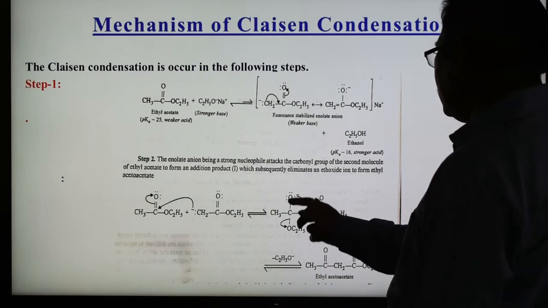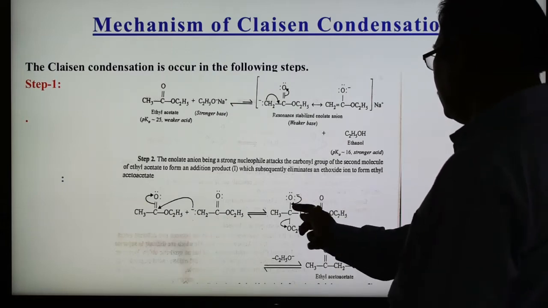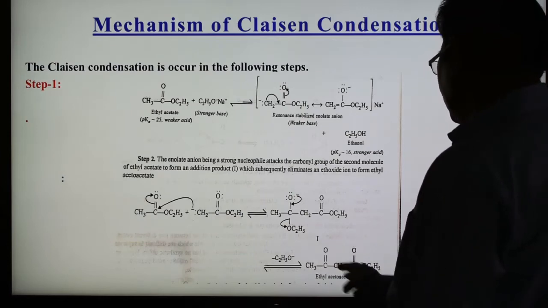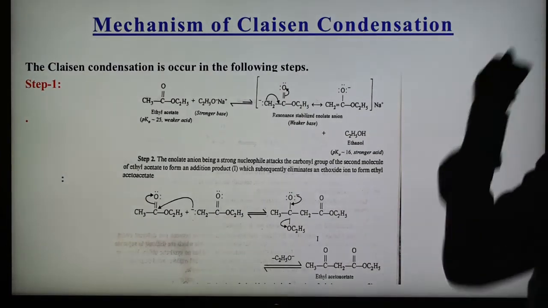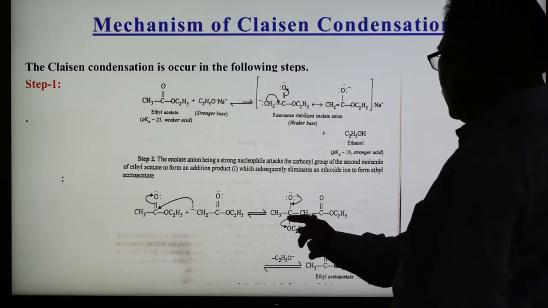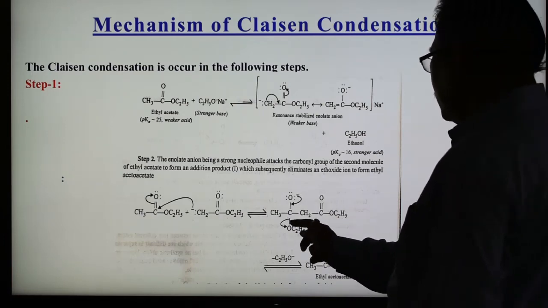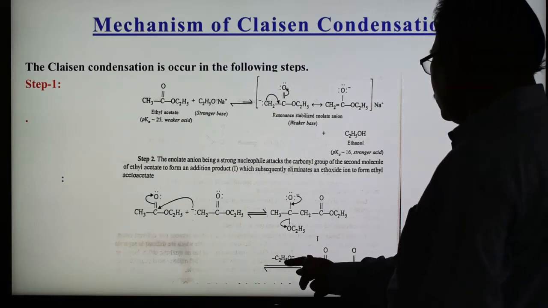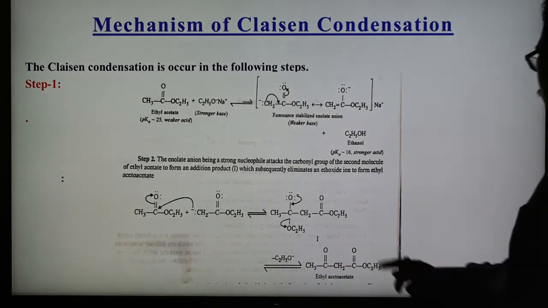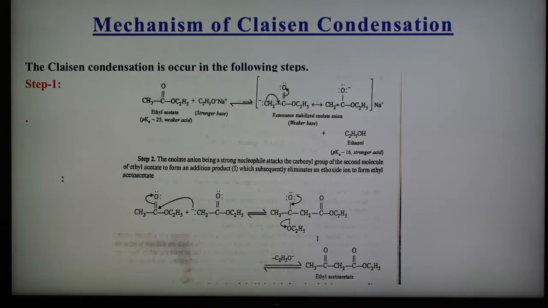Now after rearrangement, this electron pair comes here and becomes a double bond, and this bond breaks, with the release of OC2H5, the loss of ethoxide, forming this compound CH3CO CH2CO OC2H5, which is known as ethyl acetoacetate.